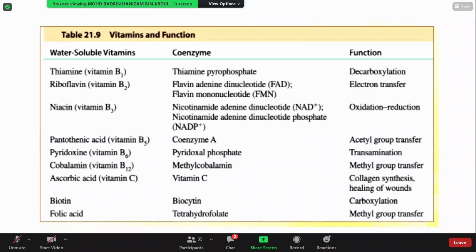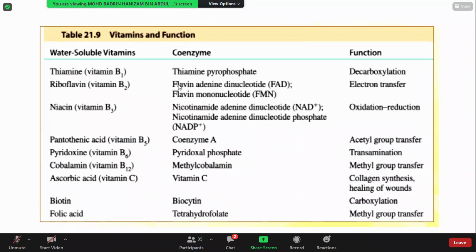If you go back to your metabolism course last semester, you can see why thiamine pyrophosphate is responsible for the carboxylation, and what type of enzyme needs thiamine pyrophosphate to be able to catalyze its reaction. I'm sure you know by now. If not, you can always go back to your lecture notes from metabolism class.